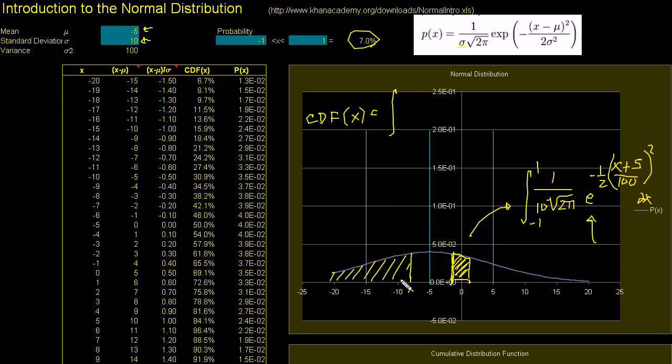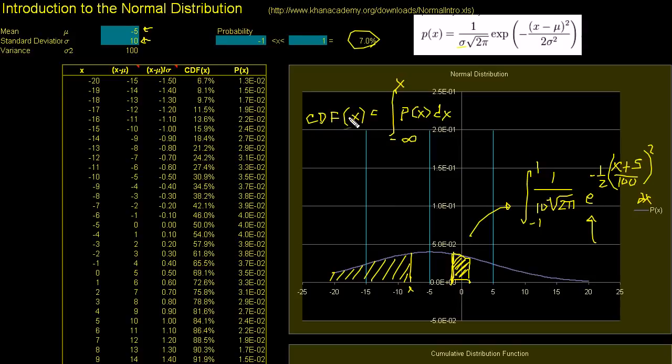Another way to think about it, it tells you what is the probability that you land at some value less than your x value. So it's the area from -infinity to x of our probability density function, dx.